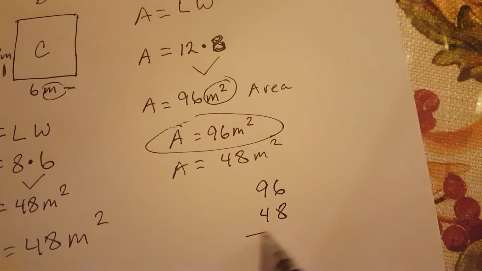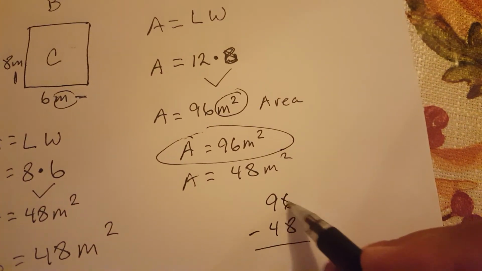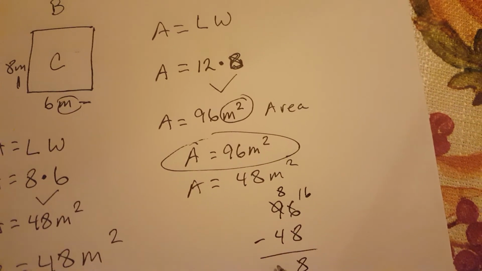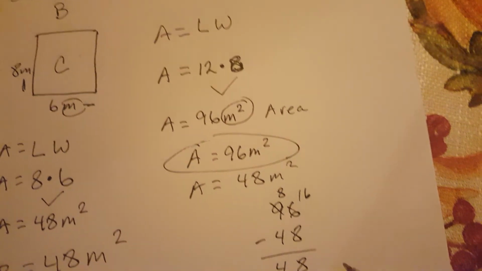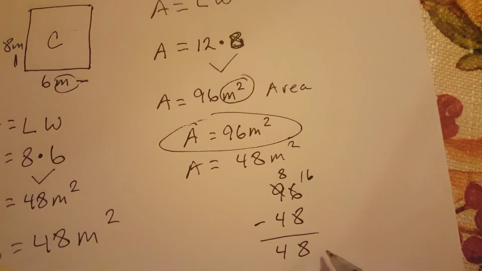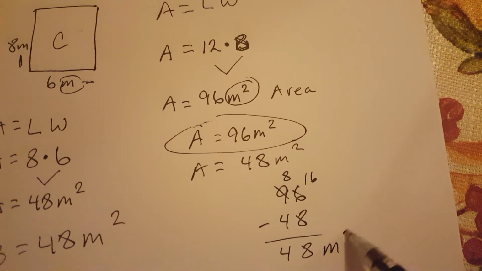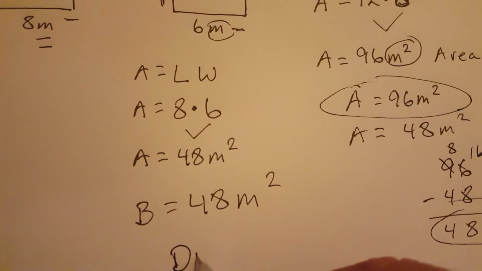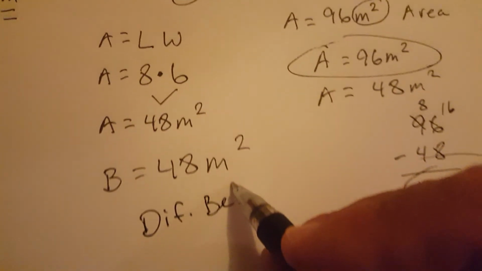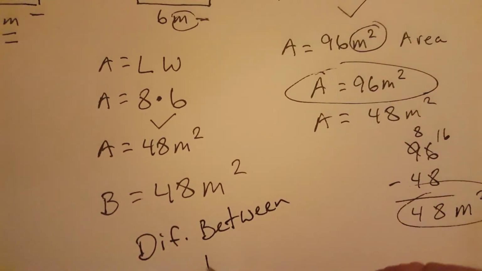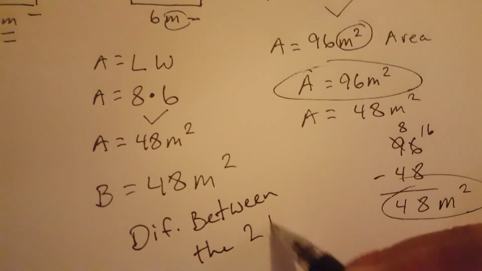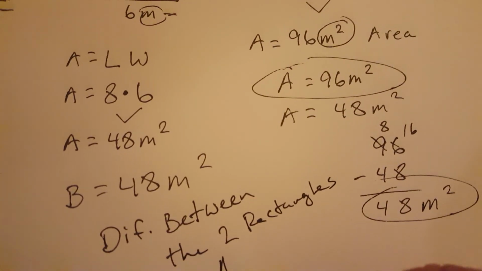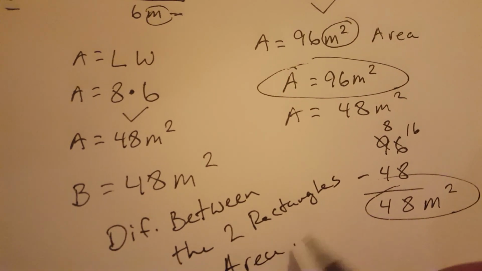When we do the math here, we end up with 48 meters squared. So that is the difference between the two rectangles involving area. Thank you guys.